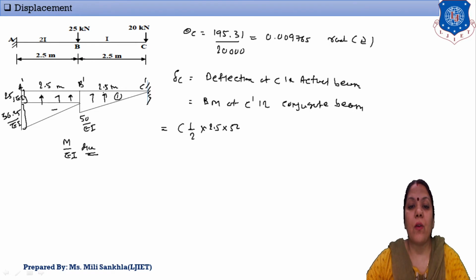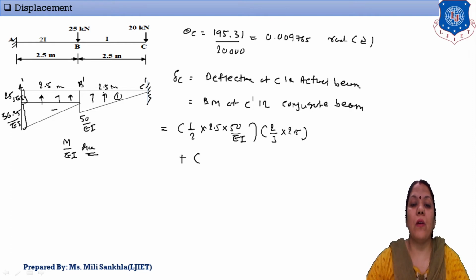Second, here 2.5 and 25 by EI, and CG is equal to 2.5 plus 2.5 by 2, because we find out at C and our given figure is here. So first of all add this extra distance and 2.5 by 2.